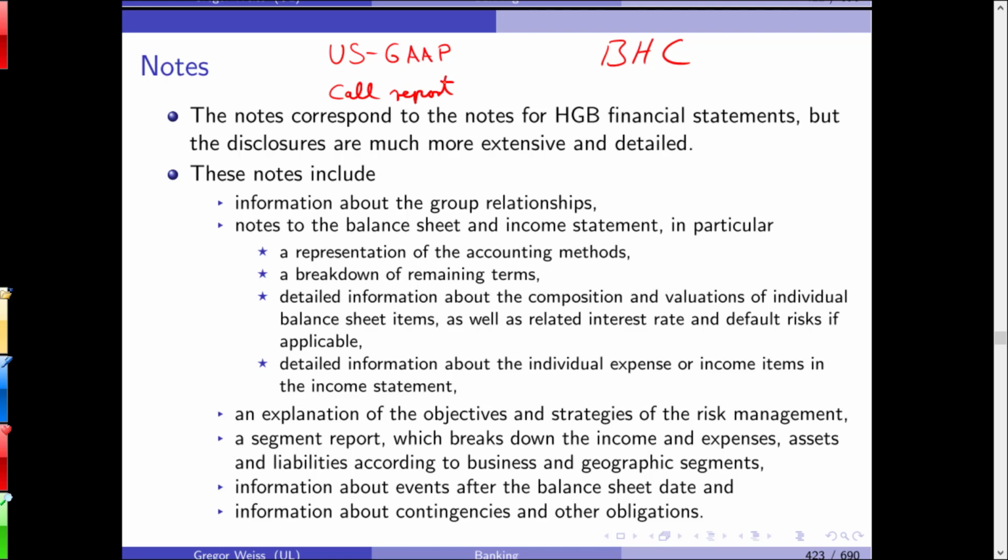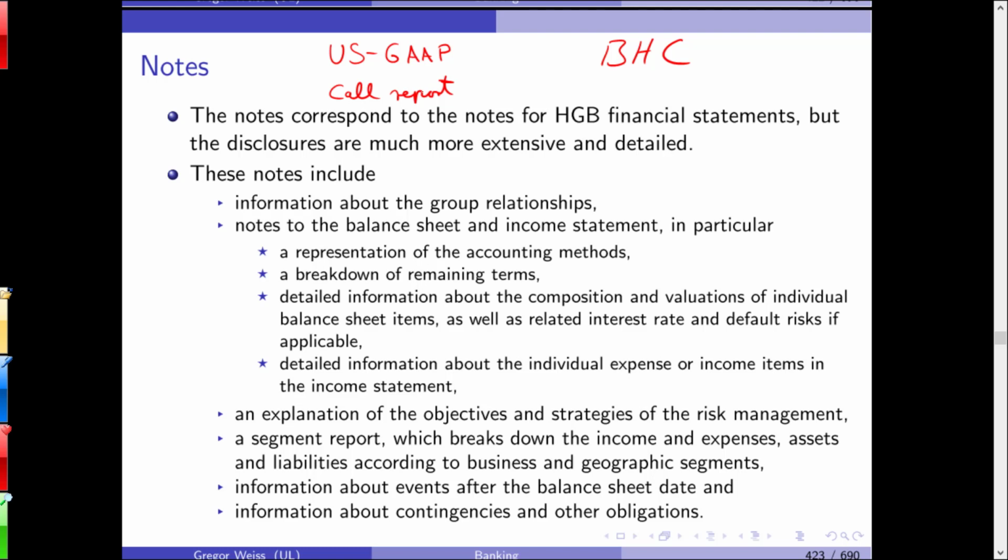Now, in many cases, your financial statement, just like with any non-financial company, will be directed at investors and stakeholders. However, banks also, of course, need to file a report with the responsible supervisory agency. Same in Germany.